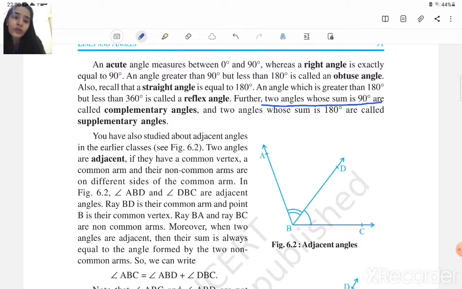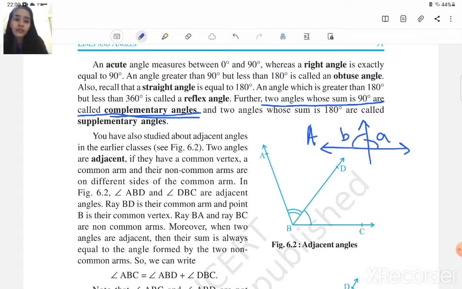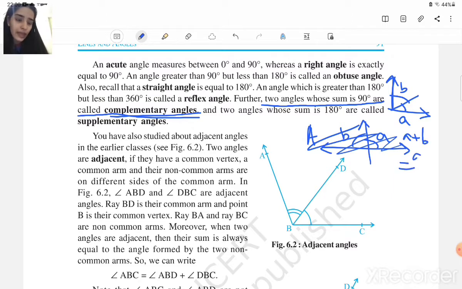Two angles whose sum is 90 degrees are known as complementary angles. Let's say we have two angles, A and B, and if A plus B is 90 degrees, then we will say that these are complementary angles.